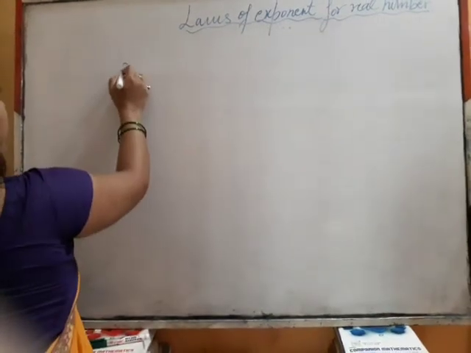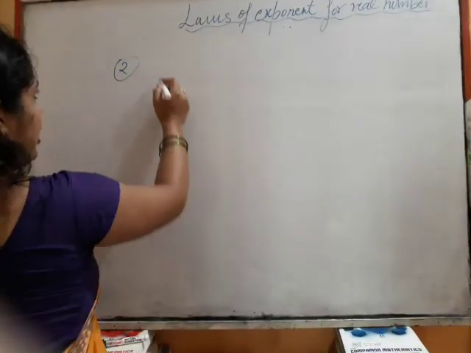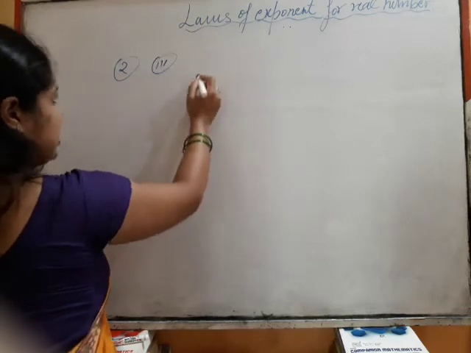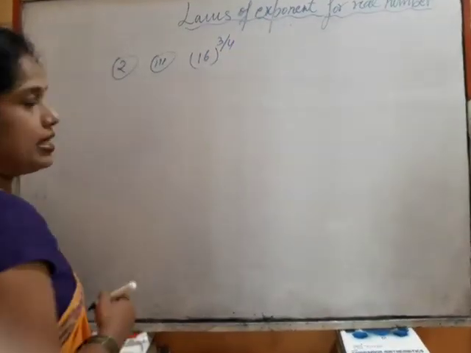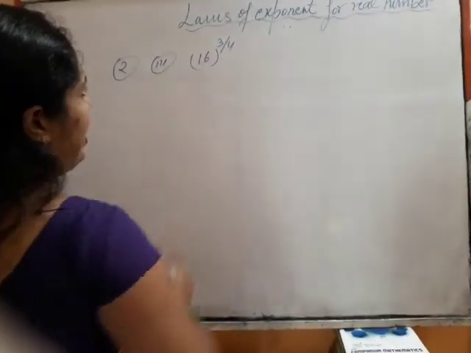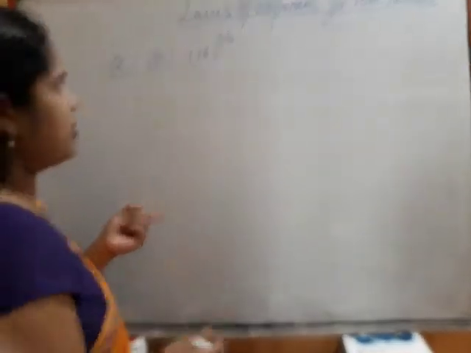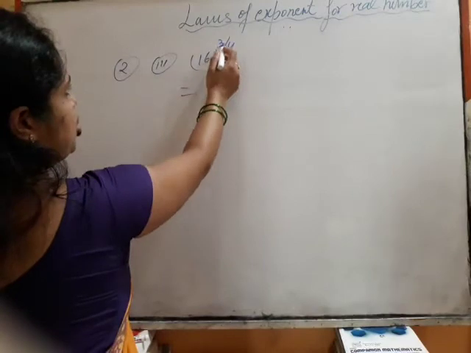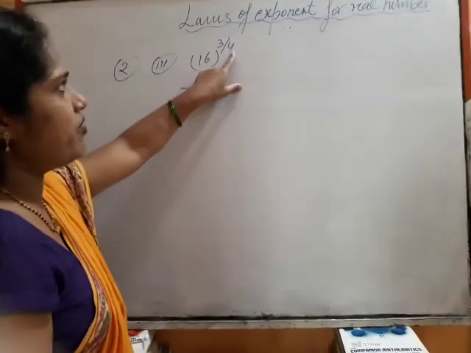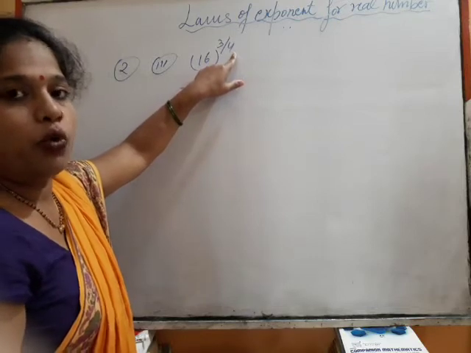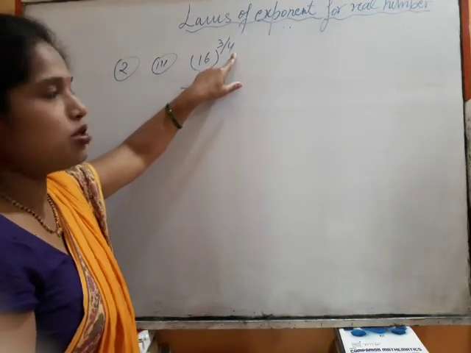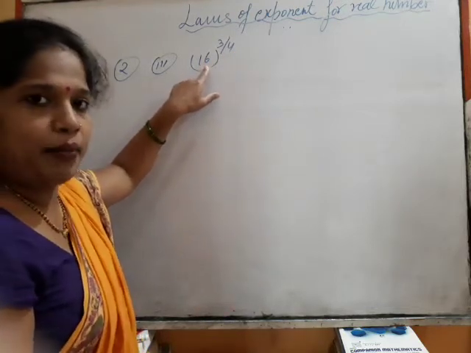Now another type of question, question number 2, the third part. 16 raised to the power 3 upon 4. Now again, what we were doing in previous questions, the number which is in the denominator, 4. We have to find a number which we multiply 4 times to get 16. What is that number? 2.